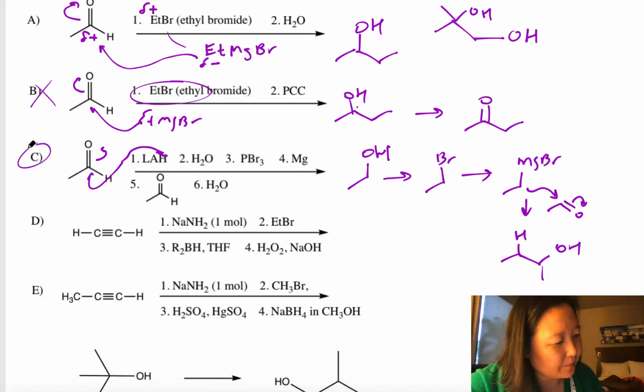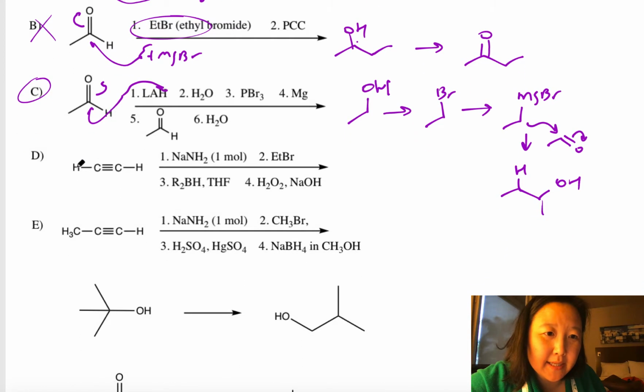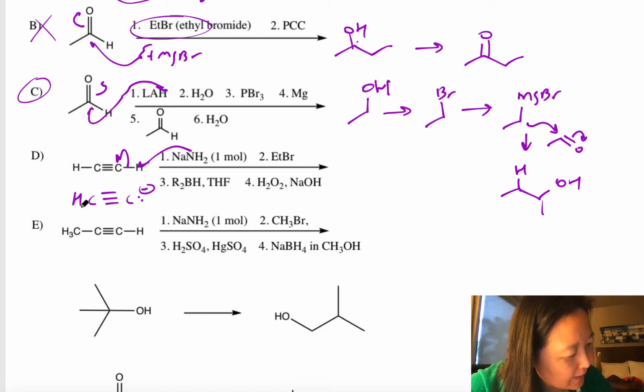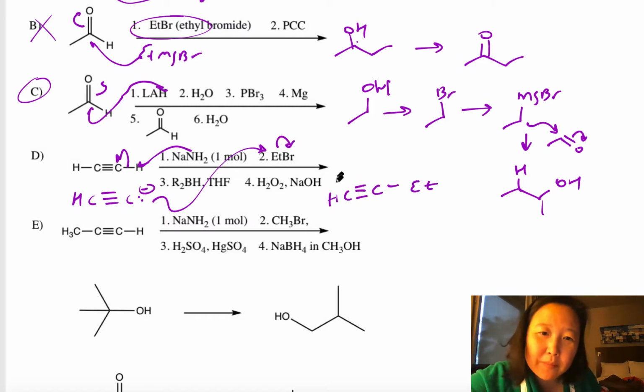This is 2-butanol. Step D, okay, so I have 1 mole of this, so either side can take the H. Then that will become the acetylide ion, which is a nucleophile, and that will attack ethyl bromide. So we have Et, and 1 mole means I only reacted one side.